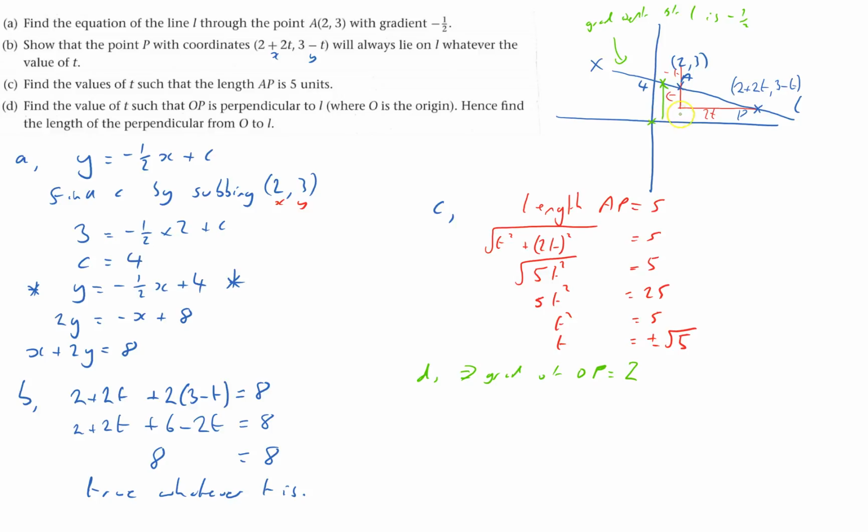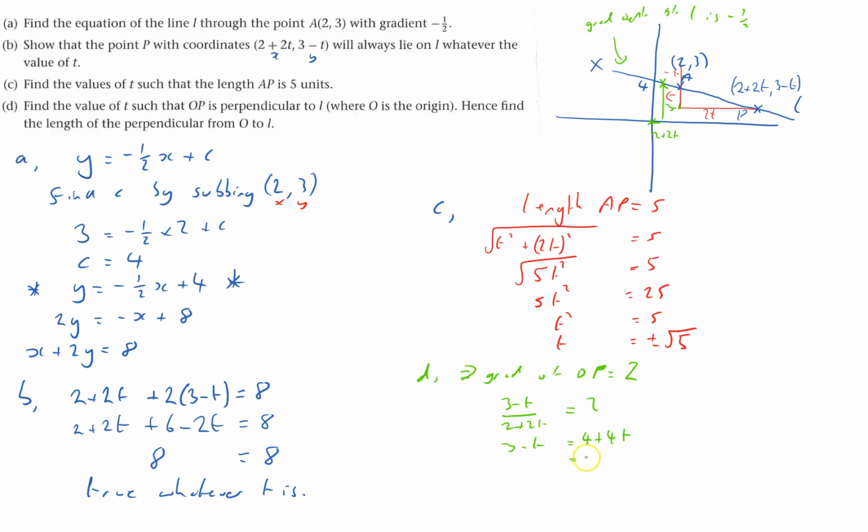So what's the gradient? Well, it's how far up it goes, and that's 3 minus t, over how far across it goes, which is 2 plus 2t, equals 2. So 3 minus t equals 4 plus 4t.